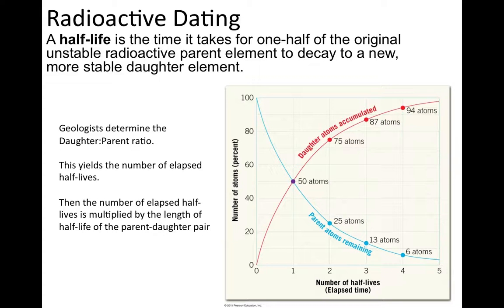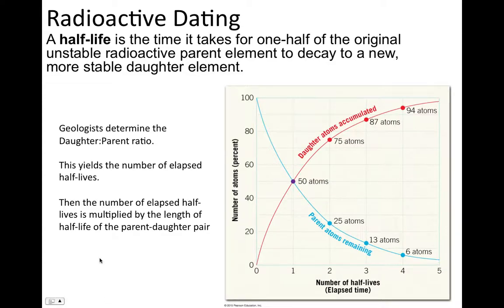And that's how they measure how much daughter and parent atoms are present, and they get this daughter to parent ratio. Once they know this, that allows them to determine the number of elapsed half-lives. And once they have the number of elapsed half-lives, all they need to do is multiply the number of elapsed half-lives by the length of the half-life of that parent-daughter pair.